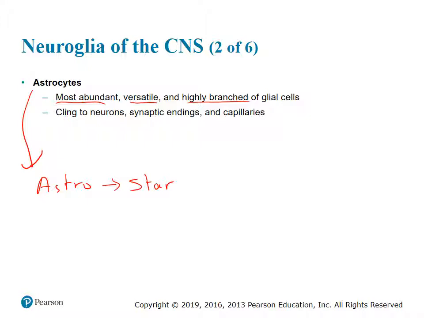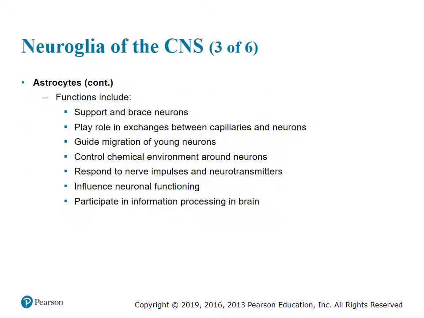So where do you find them? Clinging on, actually attached to neurons. The endings of neurons we call synapses, and then attached to capillaries or blood vessels. So talk about versatile. Here are the functions, in fact, of astrocytes, what they are responsible for. So notice that they support, they brace, okay, neurons.